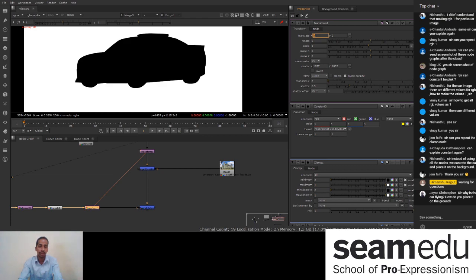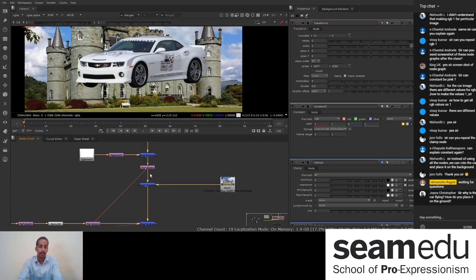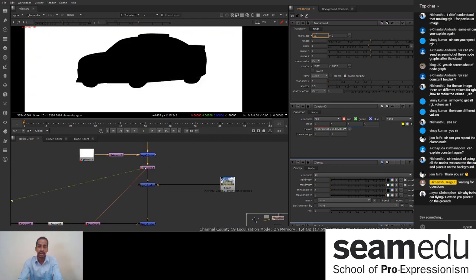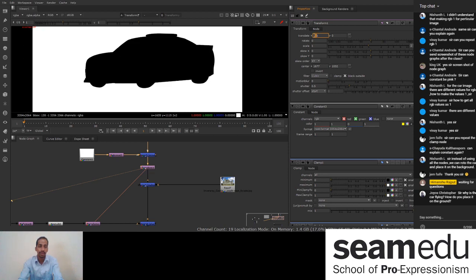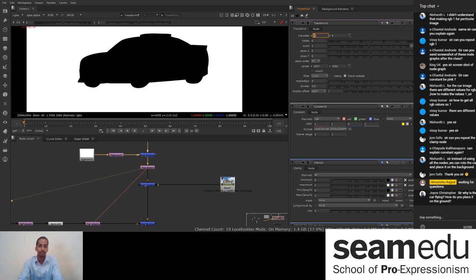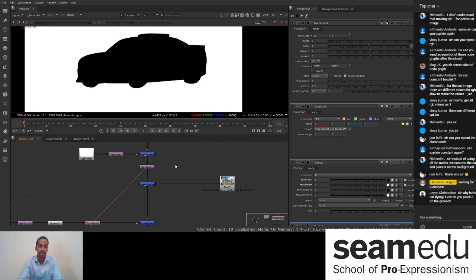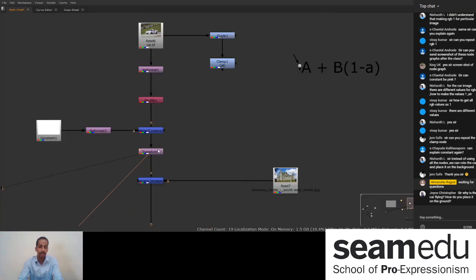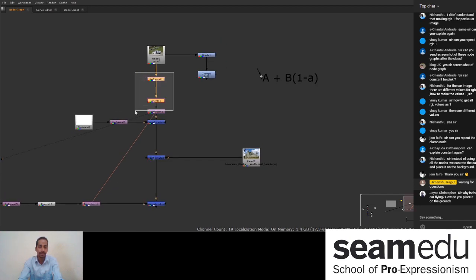I'm changing it by using the mouse wheel. Now if I change any value, you see the image is moving, but I want to move just the car, so I will not place the transform here. Instead, I'll place the transform there. So I'll just disconnect. To disconnect, you can use Control Shift X to extract.